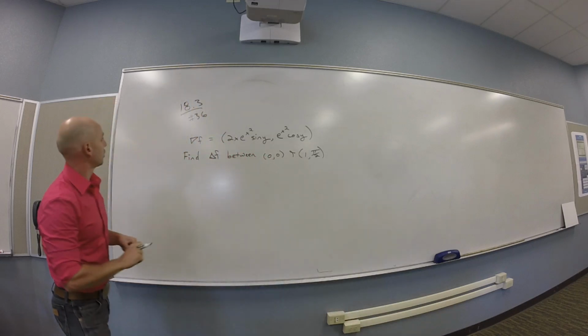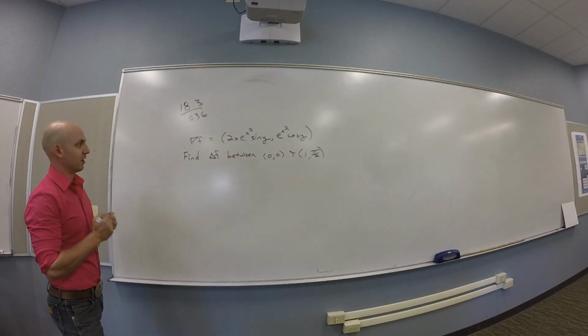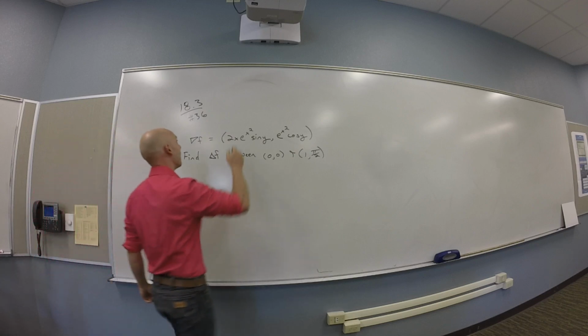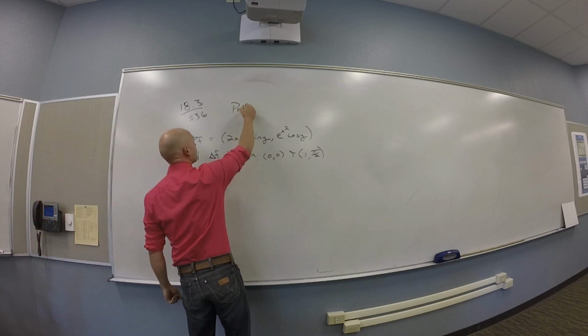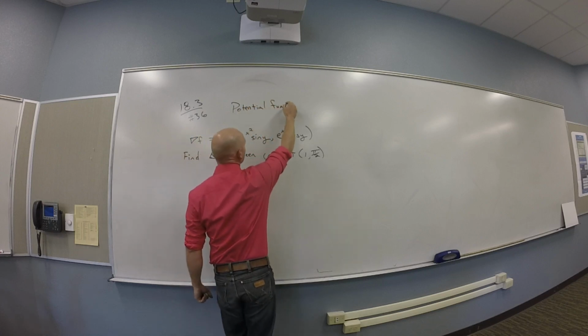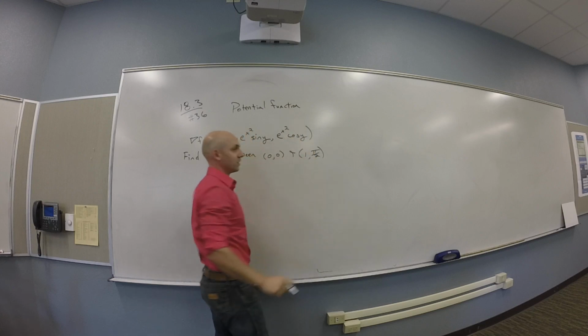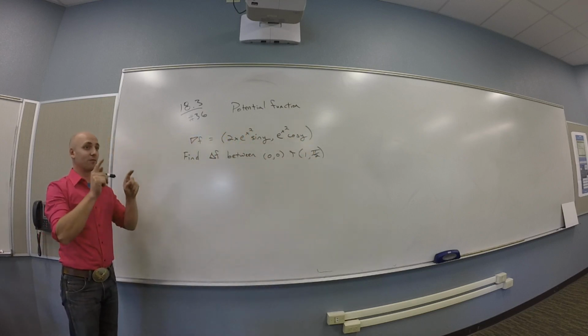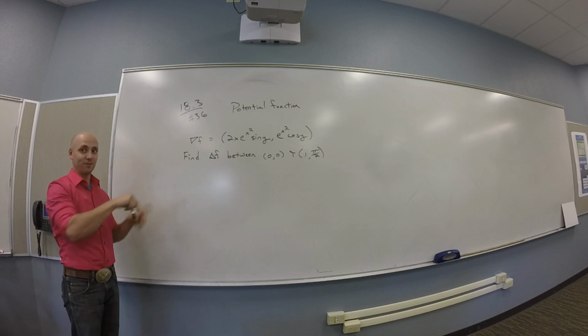Okay, so let's try 36 and 18.3 because I forgot to tell you a word, so I'm telling you a word now. The word is potential function. The reason I forgot to tell you this word is this is kind of a physics word. A potential function is the function whose gradient your vector field is.